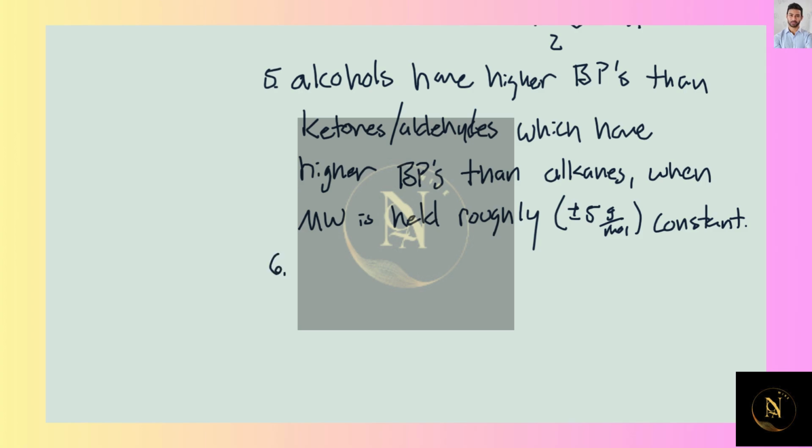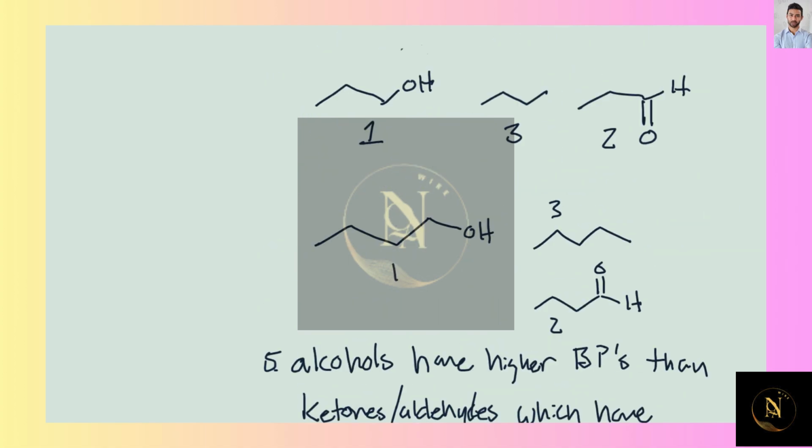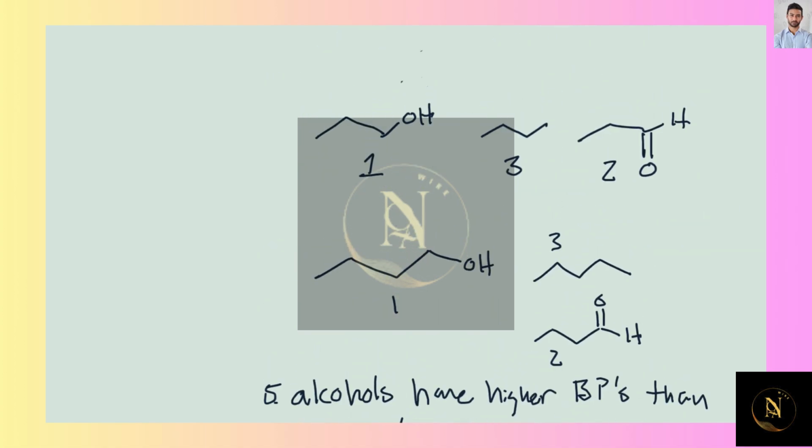For 6, what are the intermolecular forces that explain this observation? That has to do with hydrogen bonding. Alcohols are fully capable of hydrogen bonding with themselves because they contain both hydrogen bond acceptors, oxygens with lone pairs, as well as hydrogen bond donors, bonds between oxygen and hydrogen.